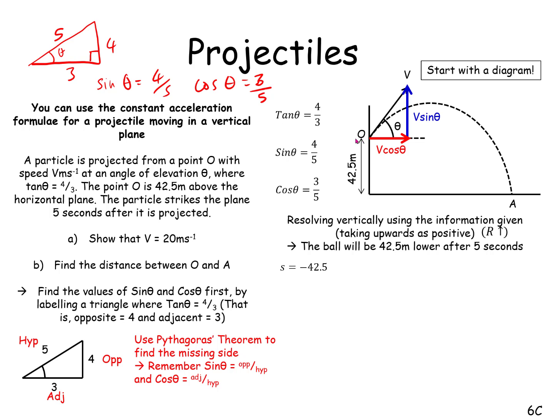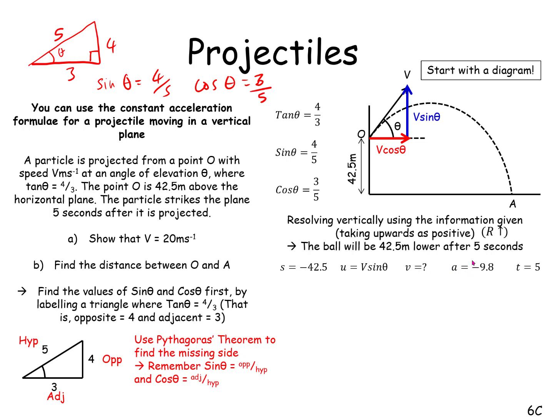So because we're starting the plane at O, where it lands, this means s is going to be minus 42.5. So that means u is going to equal v sine theta, because we're resolving vertically. So v equals, we don't know, because do not use this v. We're talking about the velocity in the question.